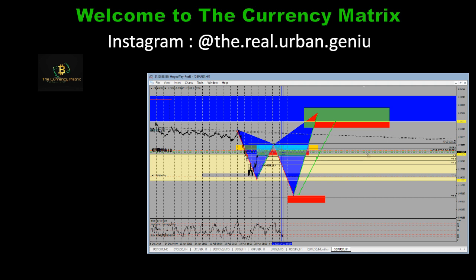So to be honest, right now, based on what we just looked at, that's the next 6 months of the pound USD, top bottom up, top bottom down.